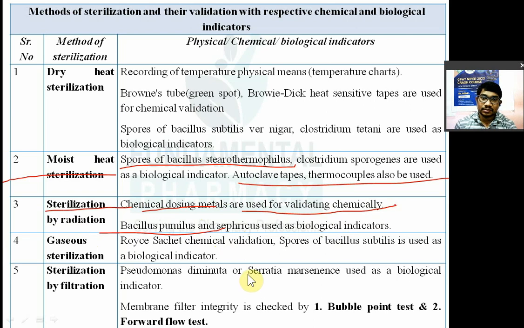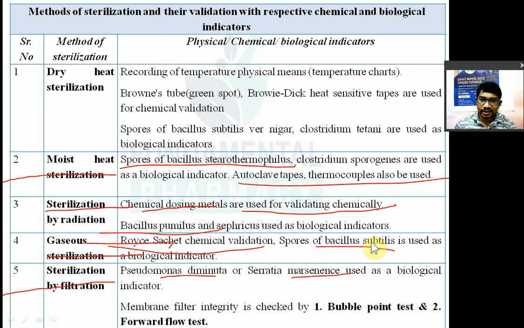Spores of Bacillus pumilus. गैस स्टरलाइजेशन में इसके ऊपर क्वेश्चन आ चुका है। रोसी सैचेट केमिकल इंडिकेटर है एंड बायोलॉजिकल है बैसिलस सबटिलिस स्पोर्स। स्टरलाइजेशन बाय फिल्ट्रेशन, Pseudomonas diminuta and Serratia marcescens, they are used as a biological indicator.